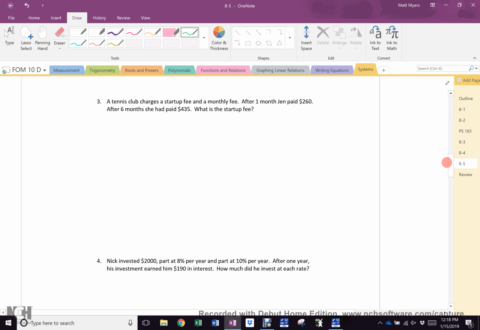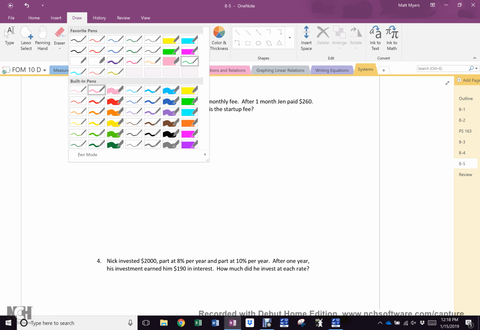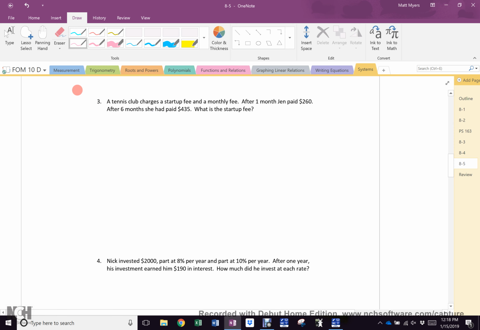Turn the page over. In number 3, what do I seek? The startup fee. I seek the startup fee. What are my 2 unknowns? The monthly fee and the start fee.